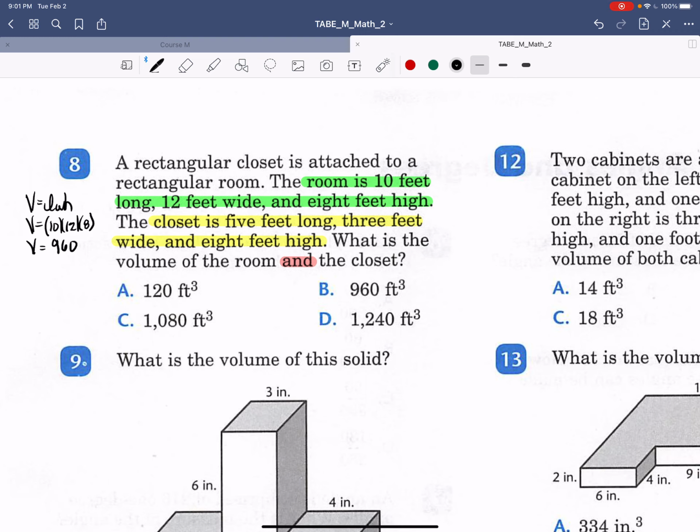And then the closet is 5 by 3 by 8. And that's 120. Then 960 plus 120 is 1080. So for number 8, I'm liking option C.